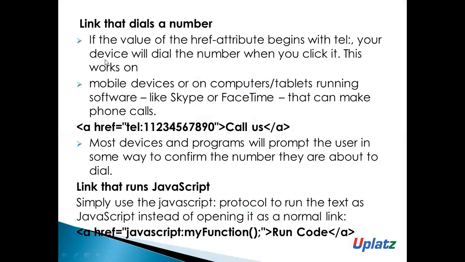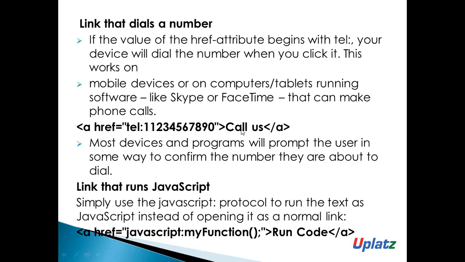Next is an example of how to link to dial a number. If the value of an href attribute begins with tel, followed by a number, here is how it works. A mobile device, computer, or tablet running the right software will make a phone call.